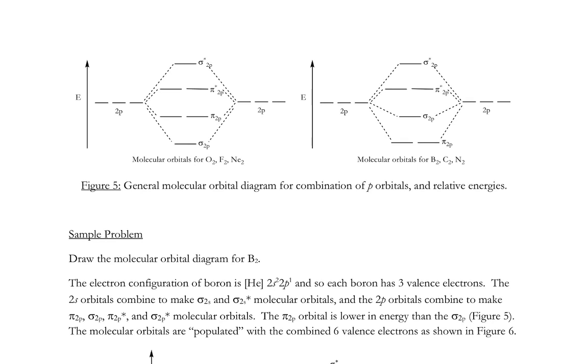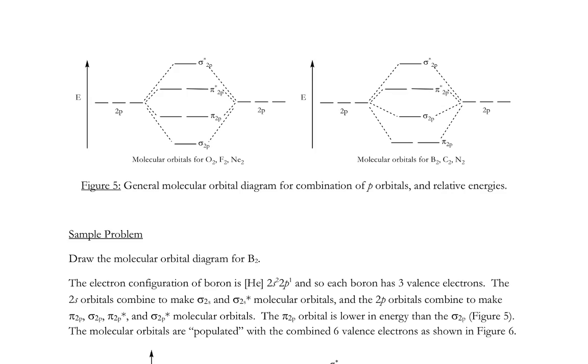They interact in a head-on fashion, giving us sigma 2p and sigma 2p star MOs. They interact in a side-by-side way, giving us pi, remember side-by-side interacting, 2 pi 2p MOs and 2 pi 2p star MOs.